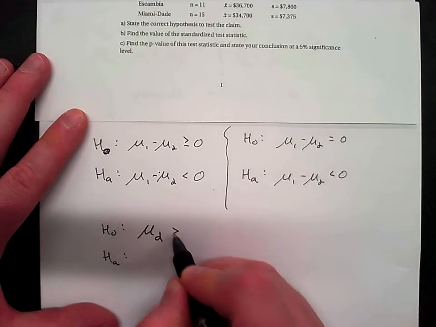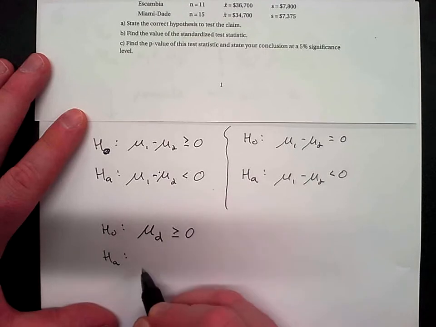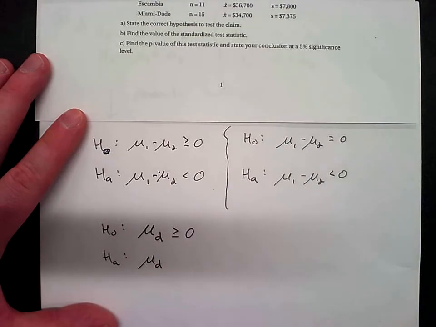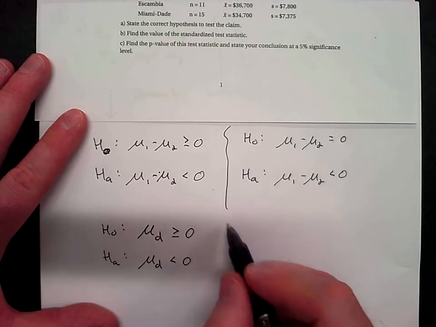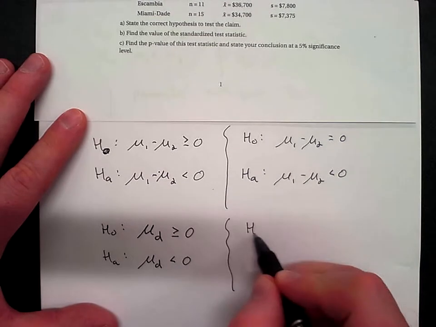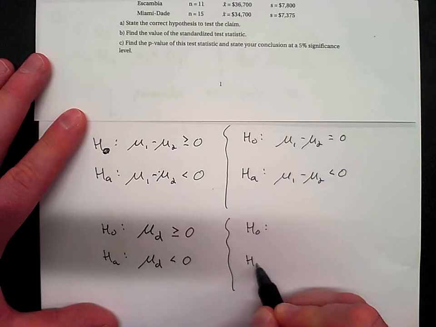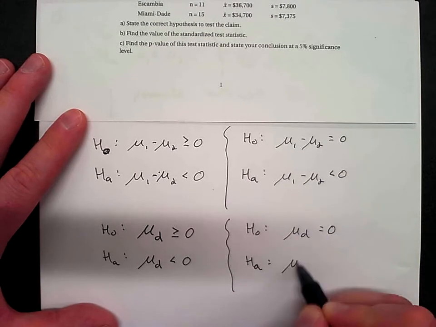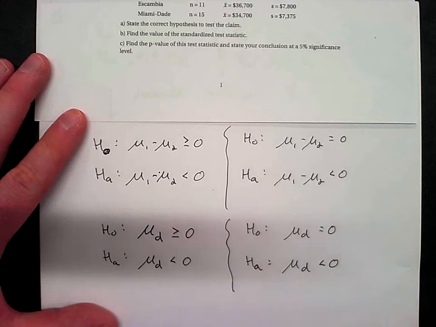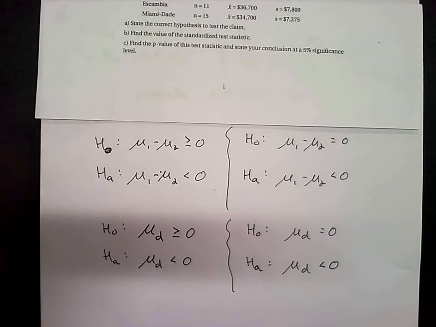So here we're going to have mu sub d greater than or equal to 0 for our null, and mu sub d, which is simply just the average difference, is going to be strictly less than 0. Or again, if we're using these over here, we can have mu sub d is equal to 0 or mu sub d is strictly less than 0. Alright, so everybody good with what I mean with this mu sub d, this difference in the mu's?